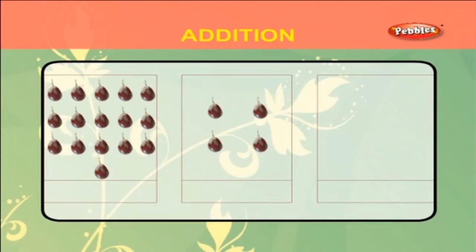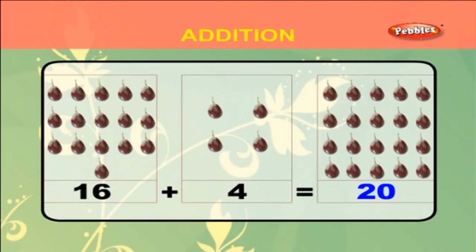In the second box, we have 1, 2, 3, 4 brinjals. 16 plus 4 is equal to 20.